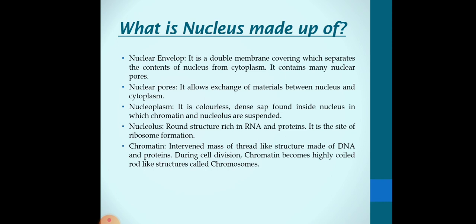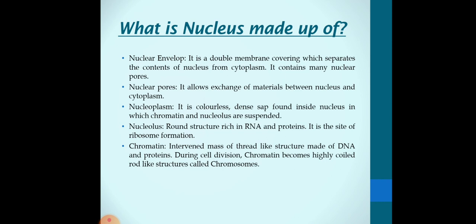Nucleolus is a round structure present inside the nucleus which is rich in RNA and protein, and it is the site of ribosome formation. What are ribosomes and what do they do? We will study in detail. For the time being, remember that inside the nucleus there is a round structure called nucleolus, and in this nucleolus ribosomes are synthesized.